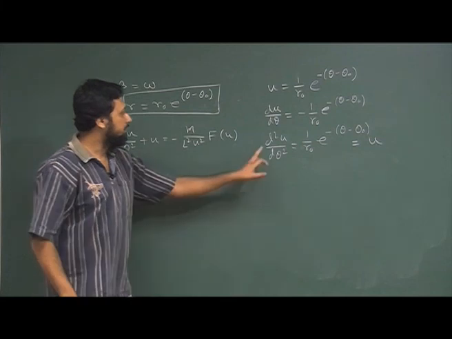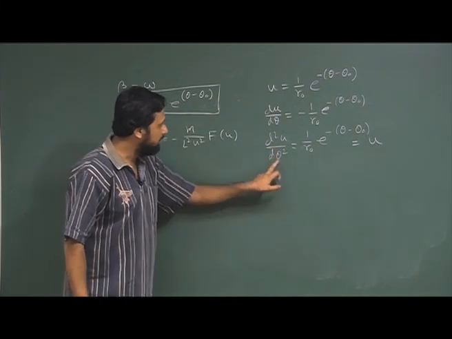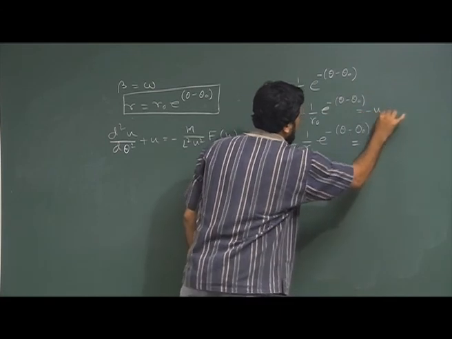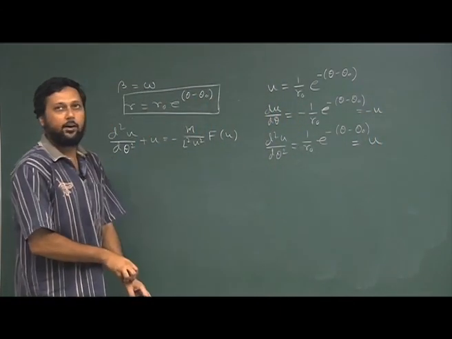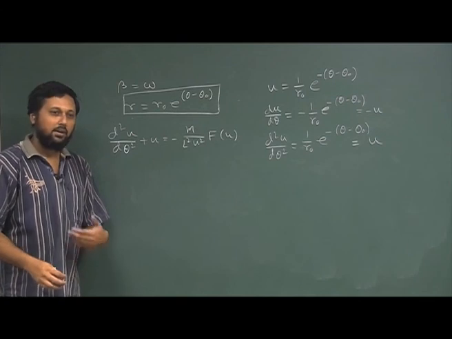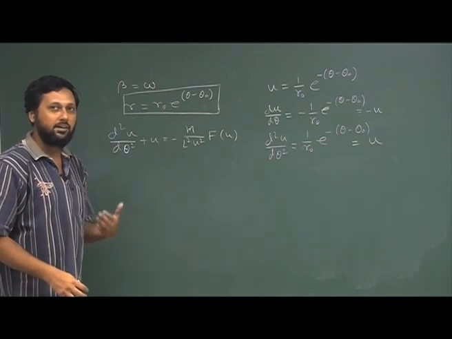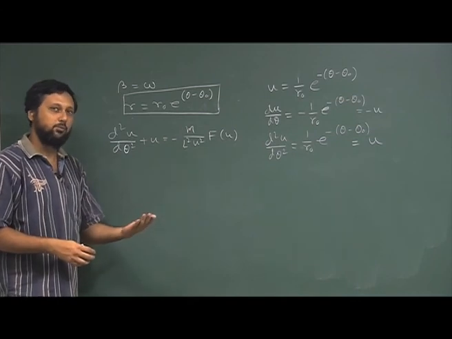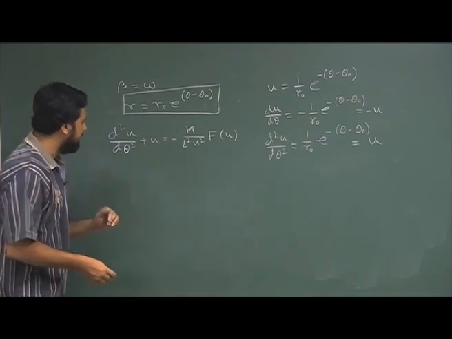So, we see that d2u d theta 2 is essentially equal to u, and du d theta is equal to minus u, which is not very uncommon for exponential functions. On subsequent derivatives, they sometimes repeat themselves, sometimes repeat them with a negative sign. This is exactly what is happening here.